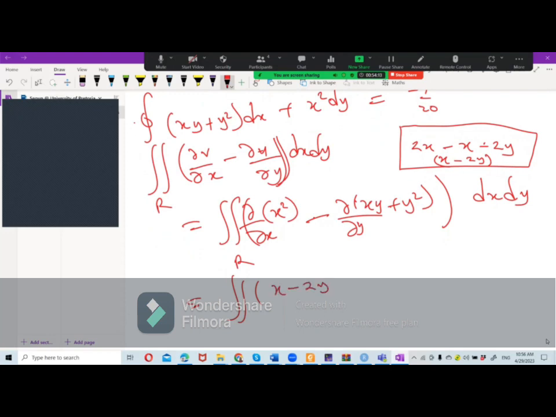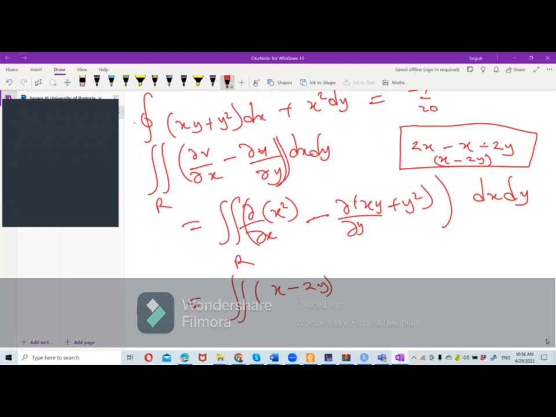x minus 2y dx dy. But don't forget that from the diagram that I showed you up, we have x from 0 to 1.